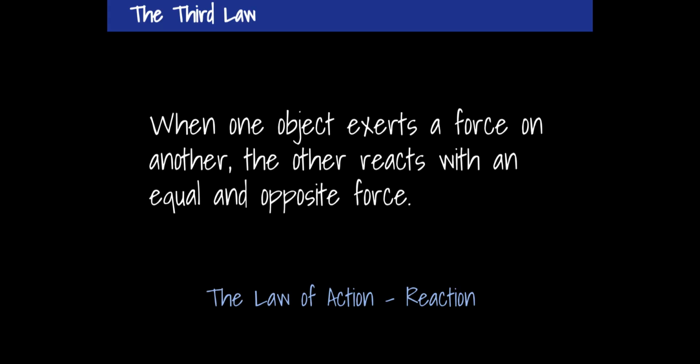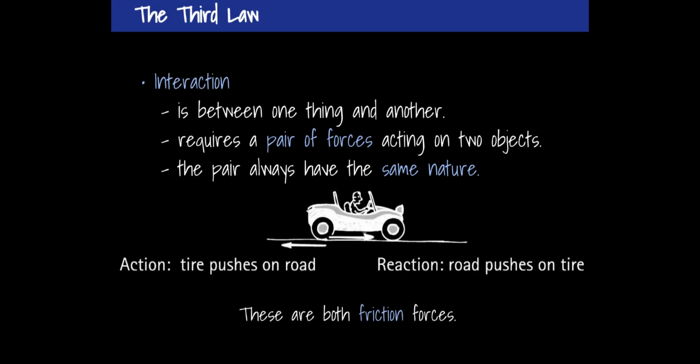It's a very simple statement, but it has some subtlety to it, and sometimes when it manifests in our everyday lives, it's a little difficult to appreciate that this is actually what's happening and to accept the interpretation. The shorthand for this is often called the law of action-reaction. When one object exerts a force on another, the other reacts with an equal and opposite force.